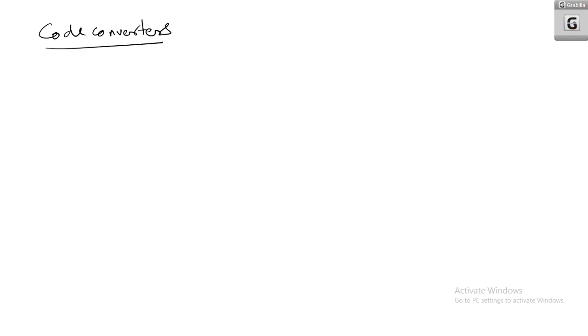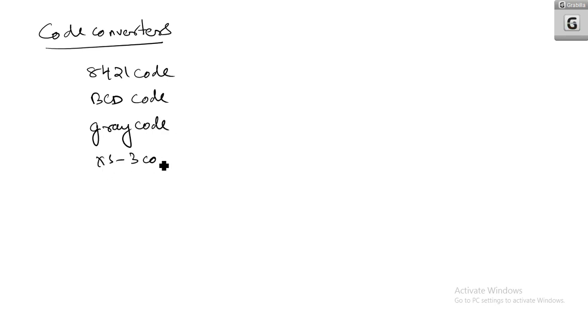In digital circuits or in electronic circuits, we have different codes like 8421 code, BCD code, gray code, XS3 code, 5211 code, etc. Now, if you are getting, say for example, 8421 code, how you can convert it into BCD code?